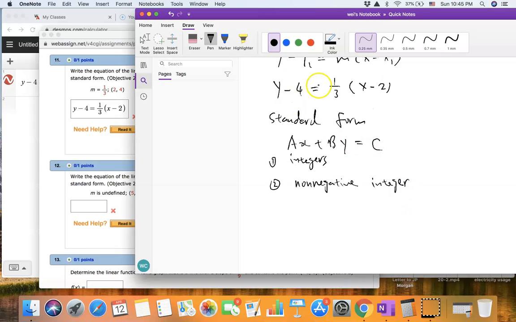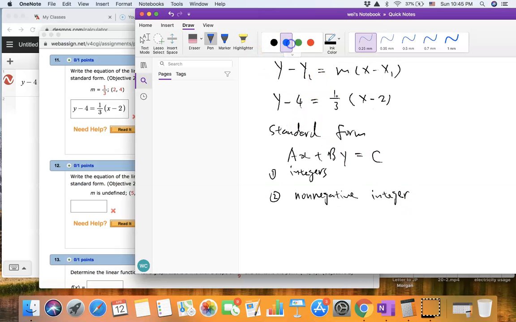Okay, once we understand this, since we don't want to have a fraction in the equation, the first thing is we want to get rid of this fraction. To get rid of this fraction, we can multiply by its reciprocal, which is 3.